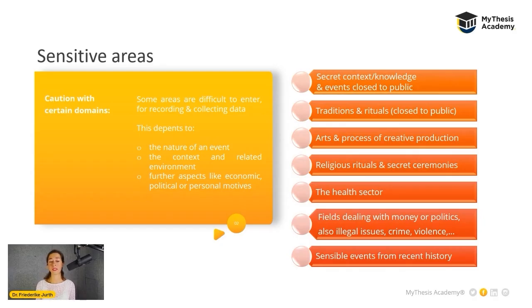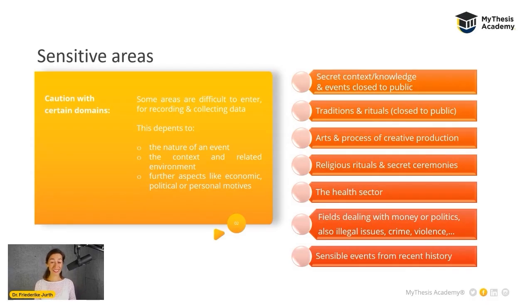So if there is some investigation about illness, and there are also the fields which are dealing with money, with politics, and after all, with illegal issues, such as crime, such as gambling, such as violence, or things like that. I think you have an idea.